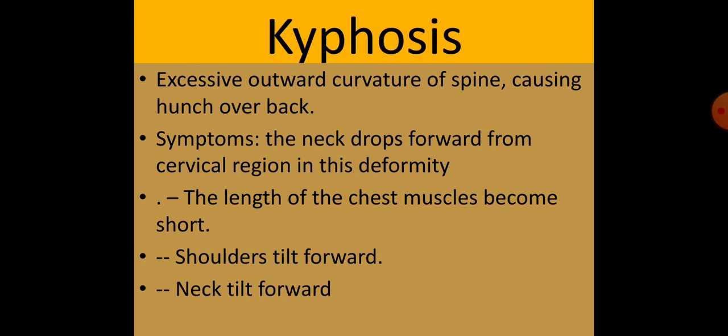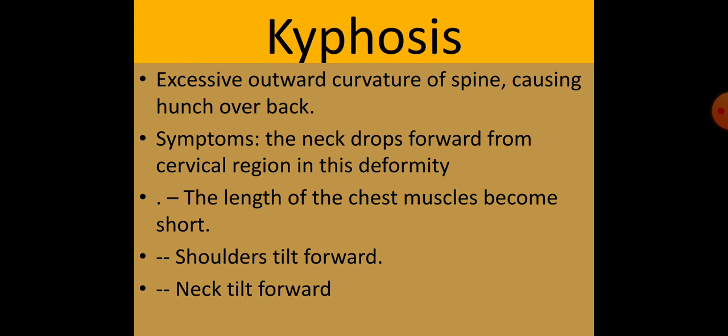In kyphosis, the shoulders tilt forward along with the neck also dropping forward. That's why kyphosis and round shoulders are a little similar, but kyphosis is a little more than round shoulders, because in kyphosis the neck also drops forward from the cervical region.